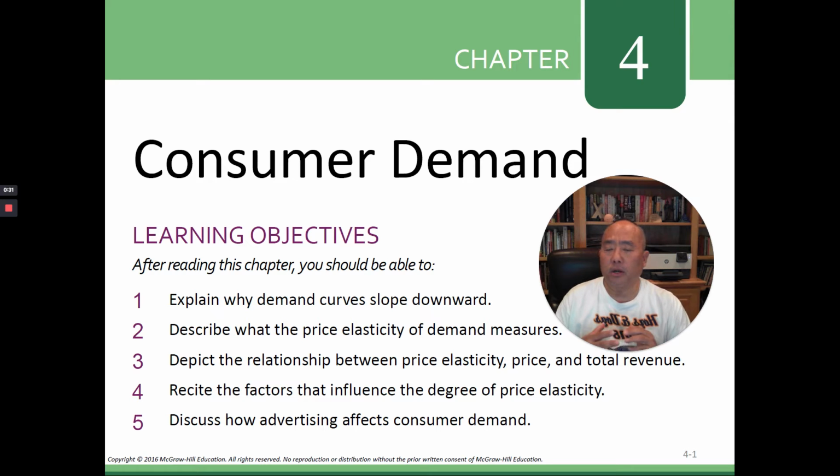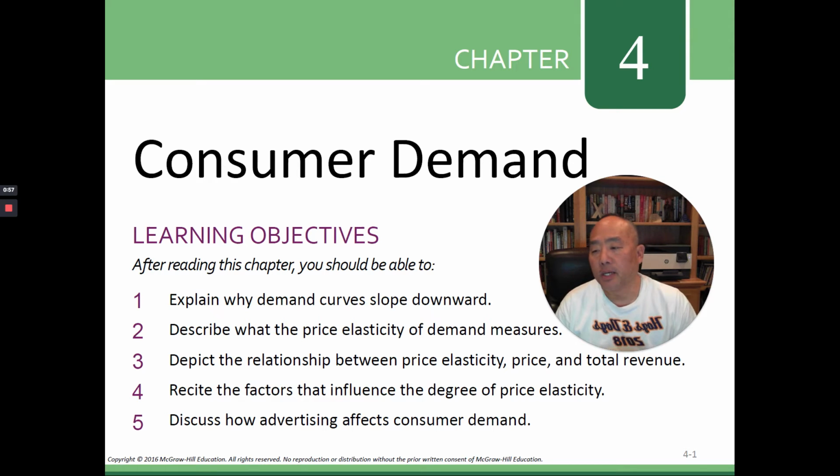But more importantly, because of the law of marginal utility, each additional unit consumed has less utility, less value. Therefore, the law of marginal utility has an impact on consumer demand.